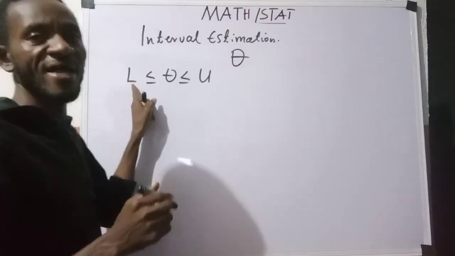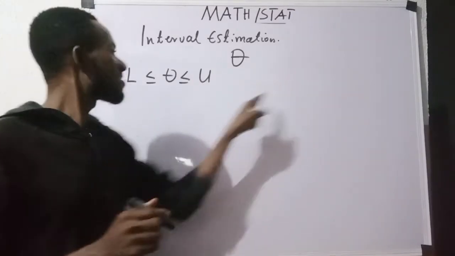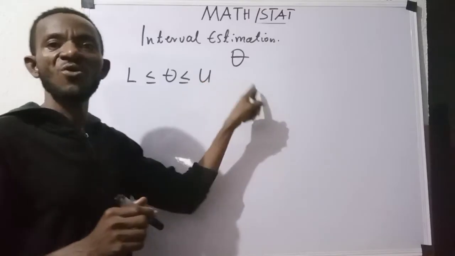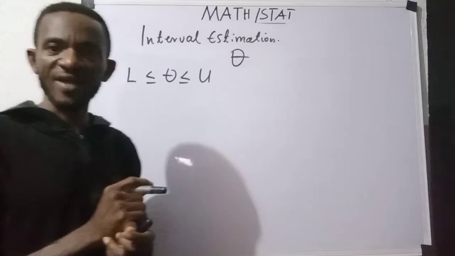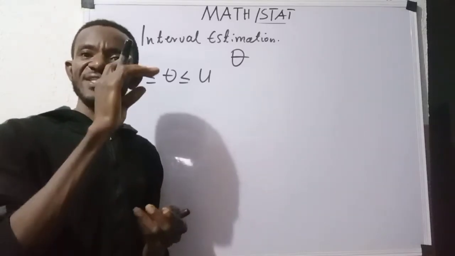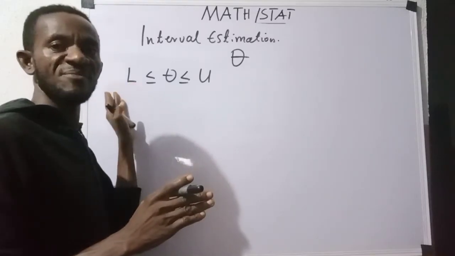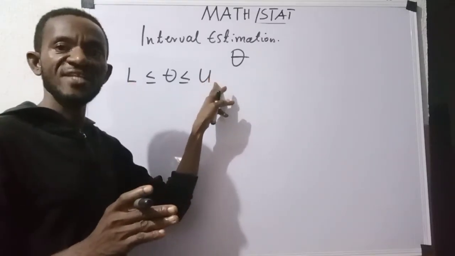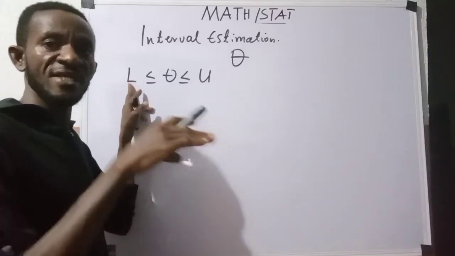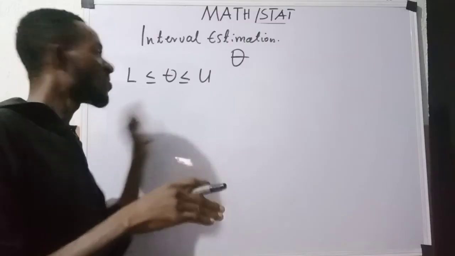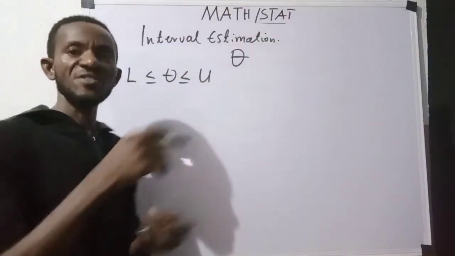This L is what we call the lower confidence limit, and this U is what we call the upper confidence limit of this confidence interval. Therefore, a confidence interval contains two limits: the lower confidence limit and the upper confidence limit. The lower confidence limit bounds the parameter from below, while the upper confidence limit bounds the parameter from above.